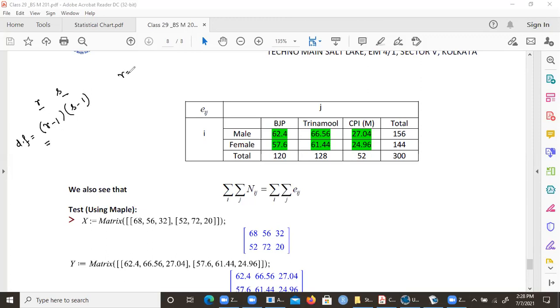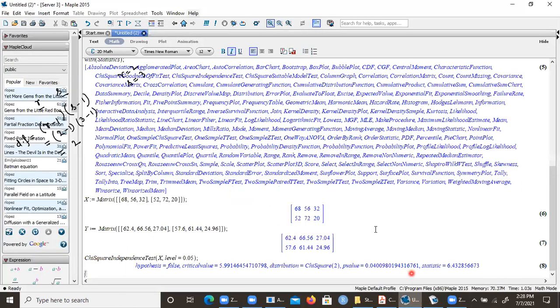Here my R is 2, here my S is 3. So it is (2 minus 1) into (3 minus 1), which is 2. And therefore you find the value 2 over here. And the statistic that came out is 6.43.